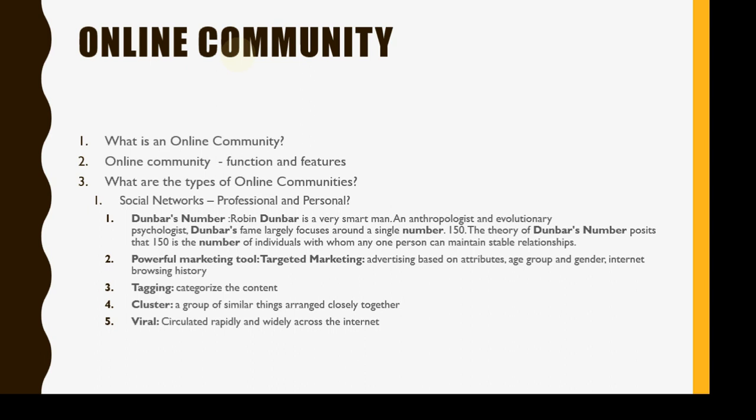And in order to help this, they use a lot of different features. One popular way is tagging. Now tagging helps you to bring together the community based on the type of information that you share. For example, in Facebook we have hashtagging.